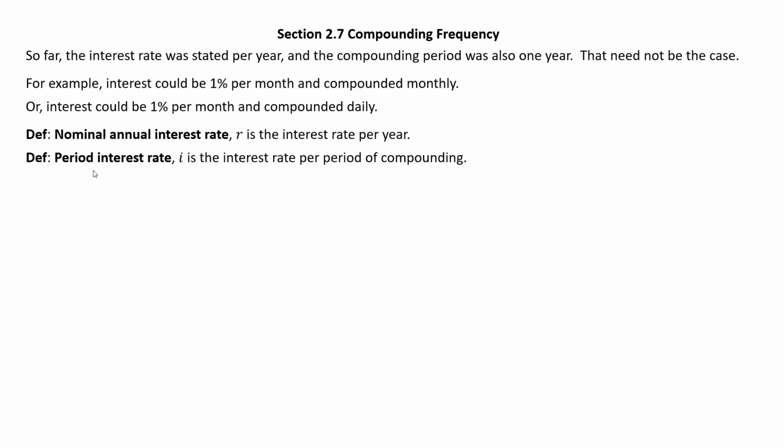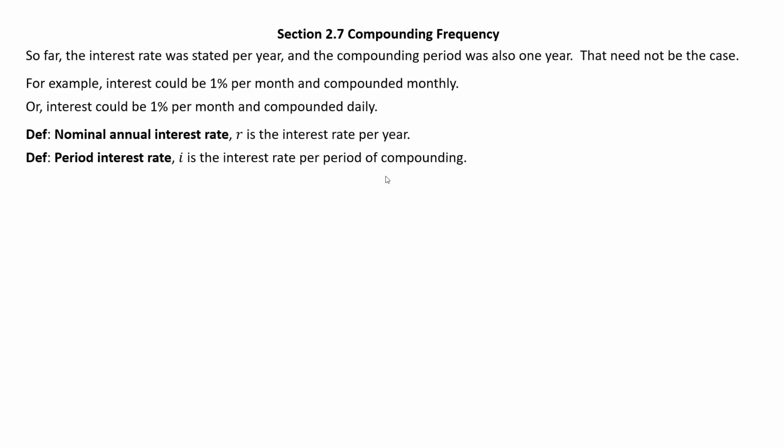And based on that, we can calculate the period interest rate. What is that? That is the I. This is the one that we've been using all this time, this I. And that is the interest rate per period of compounding. It just so happened that up until now, the period of compounding was 1 year, and the interest was also given for 1 year.